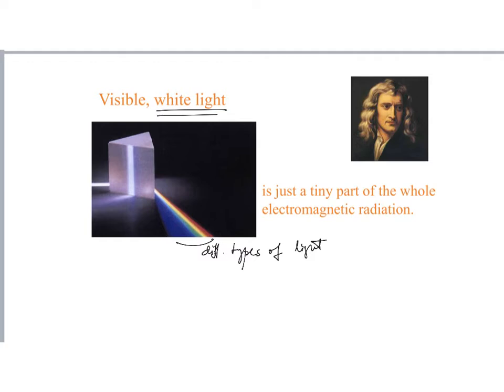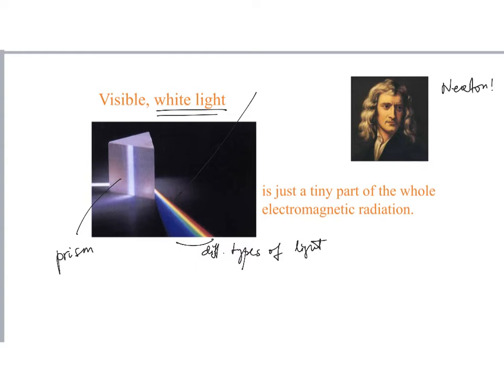Okay, so Newton was the one to actually discover that this white light is basically a bunch of colors put together, right? So you can see the colors here. They're just transmitted through a prism at different angles, right?